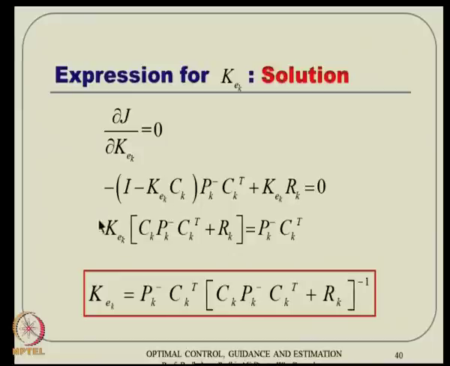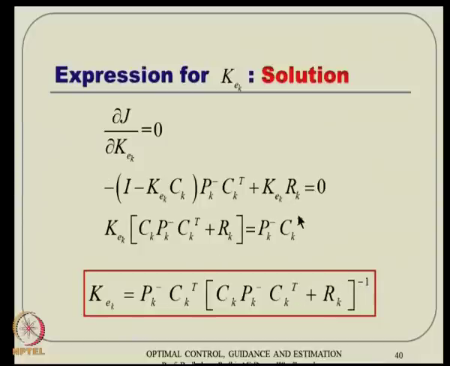You take Kk on the left hand side, and then this Pk minus times Ck transpose, which appears with a minus sign, goes to the right hand side. Remember this is a right side product, so we have to multiply with the right side inverse. Essentially, it means Kk is Pk minus times Ck transpose, which is this quantity, times this matrix inverse.